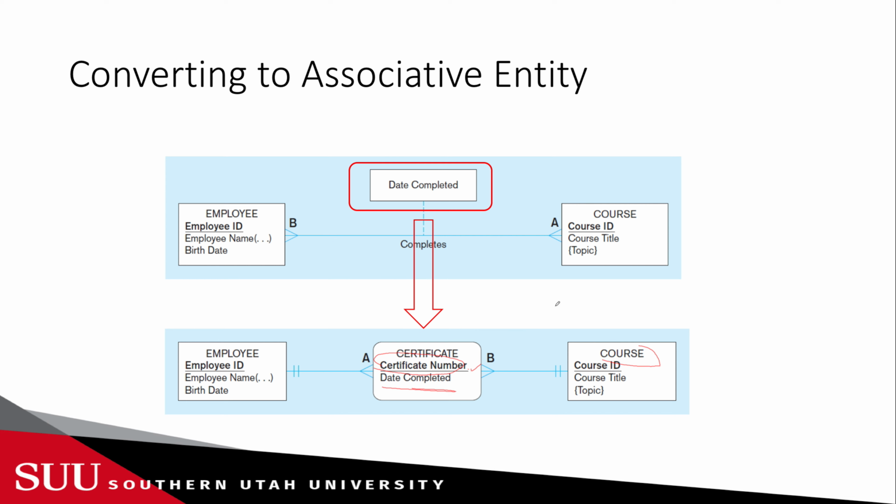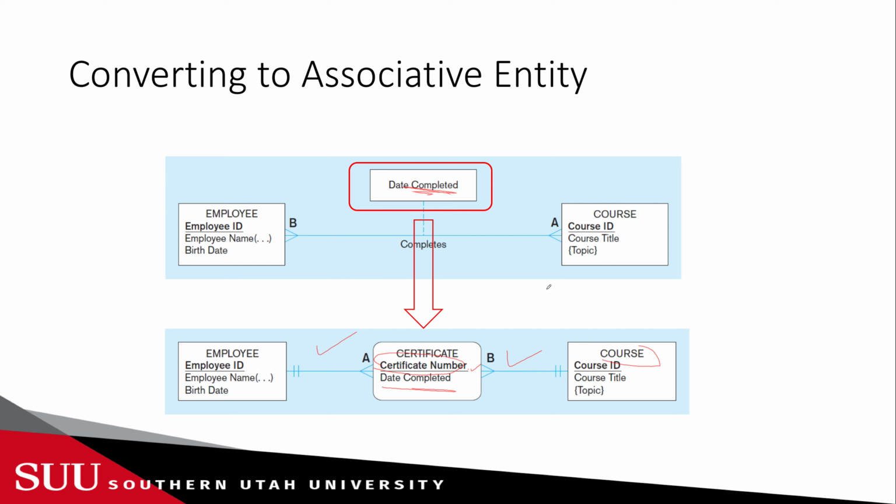Now, does this mean the same? If I'm looking at the date of completion, yes, it means the same, because if the employee completes multiple courses, then the employee is going to get multiple certificates, which is what I have right here. And if the course is going to be completed by multiple employees, then the course will have multiple certificates, and this is what I have right here.